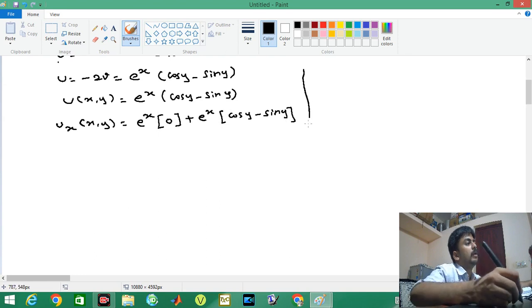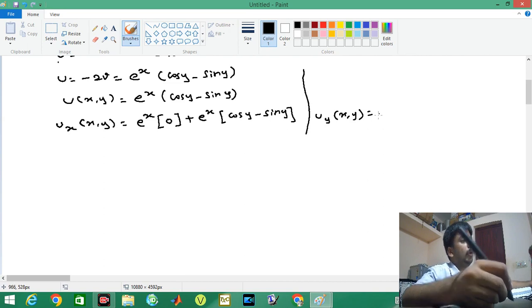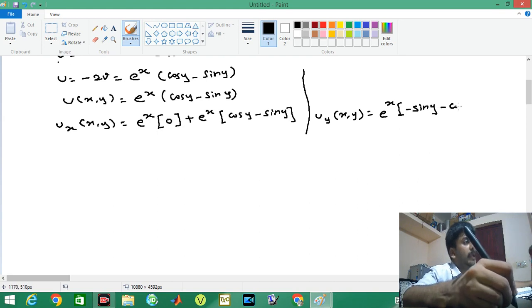Now here, U y of x comma y, we are going to differentiate with respect to y. So here also we take e power x and (cos y minus sin y) as uv form. So we get u v dash, that is e power x into the differentiation of cos y minus sin y, which is minus sin y minus cos y.